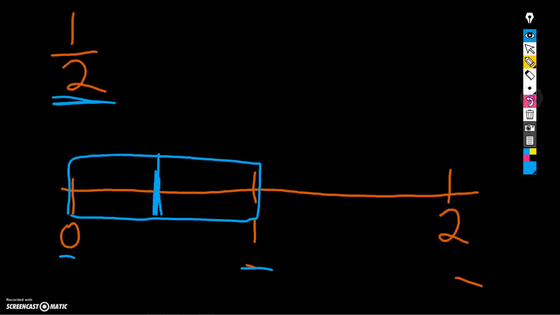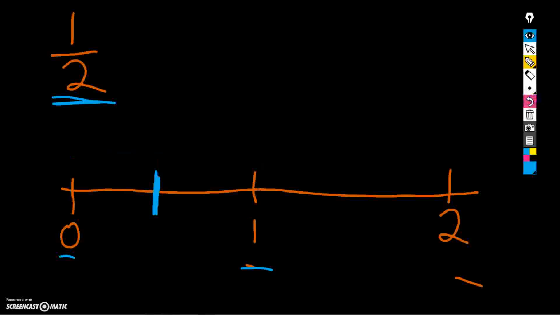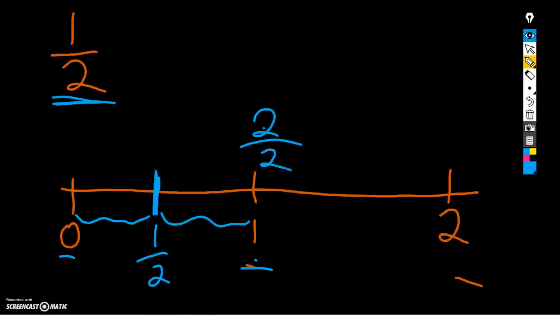That means that this line is 1/2 of the way to 1. We've traveled this distance, that's 1/2, 1 out of 2 parts. And if we travel the rest of this distance, we have 2 parts out of 2 altogether, which equals 1. Okay? And so we could label this as 1/2.